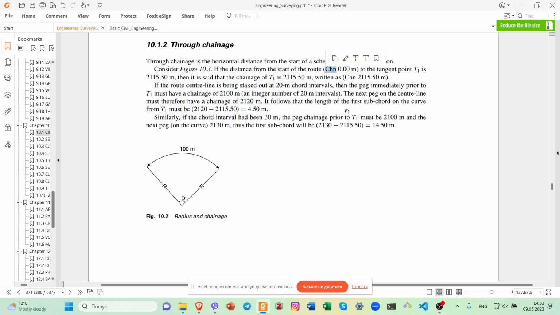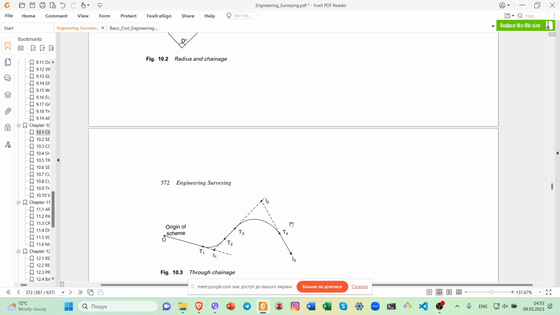In Ukrainian, we use the term piquet to explain these marks on the road.